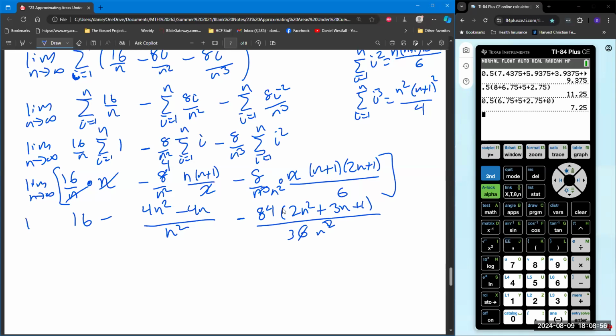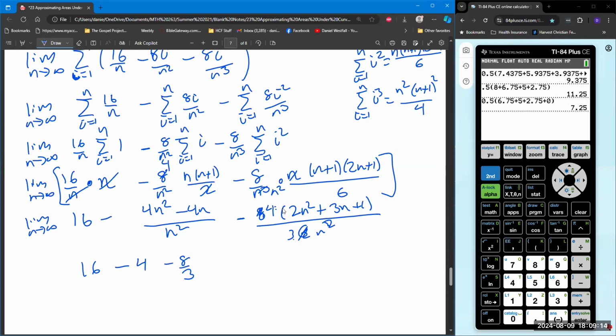Limit as n goes to infinity of 16. This is going to be minus 4. This is going to be 8 over 3.